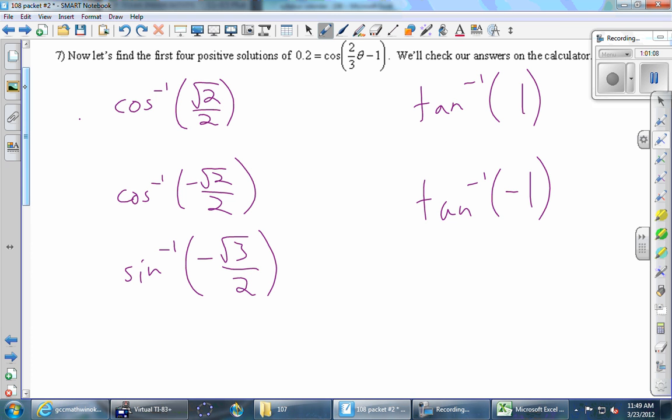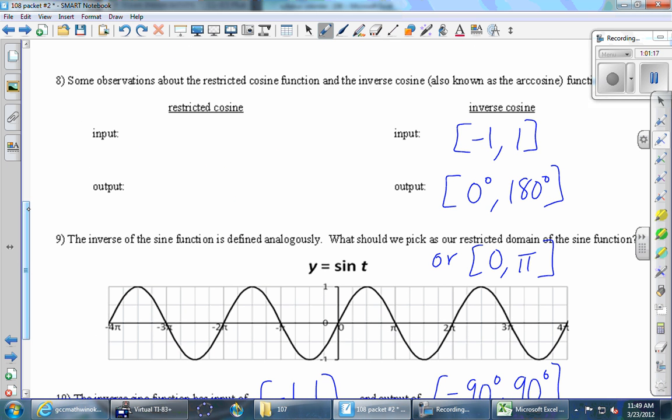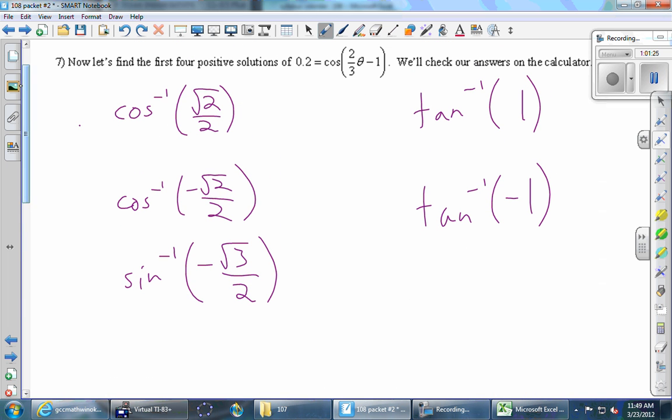It's a function. It is a single number. There are going to be 2 choices for you on the unit circle. Which one do you pick? You got to look at how inverse cosine is defined. You're going to pick the one that's between 0 and 180. There will only be one between 0 and 180. All right, so we'll put that back, try these 5, and then we'll call it a day.